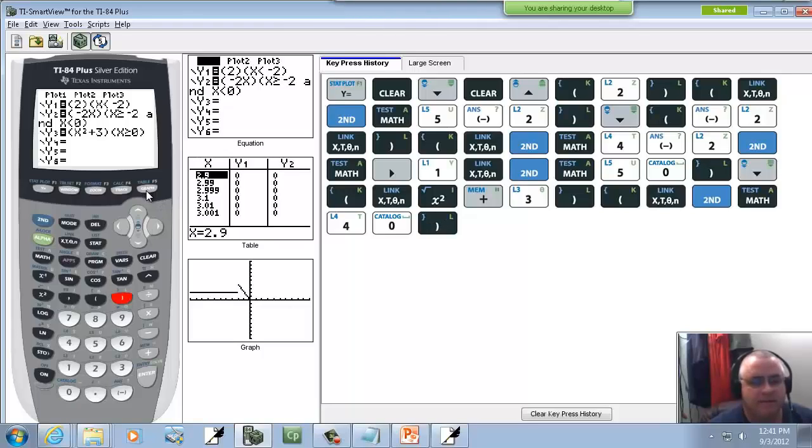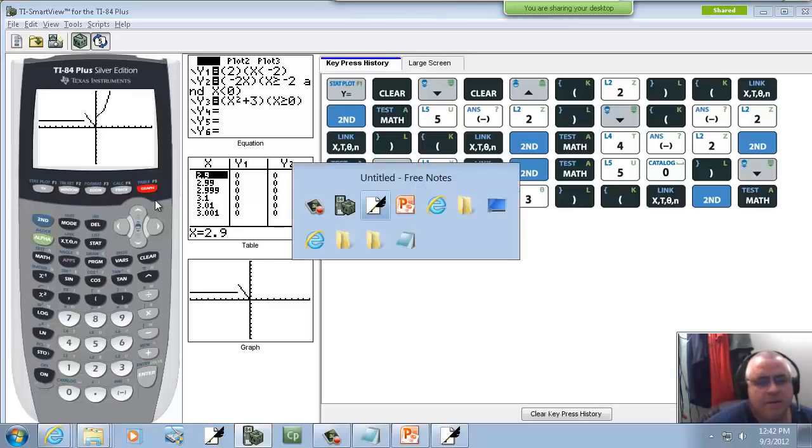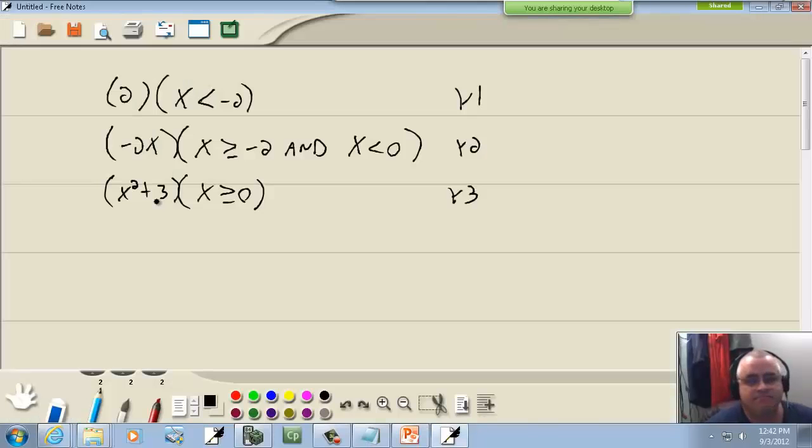And then graph. And of course I've wiped out my graph, but that gives us our same graph. It doesn't do the closed dot and the open dot, and it does look pretty bad on the TI-83. It has those vertical lines, and in some earlier models of the TI-84 it does that too. But anyway, that's how you plug in your graphing calculator.